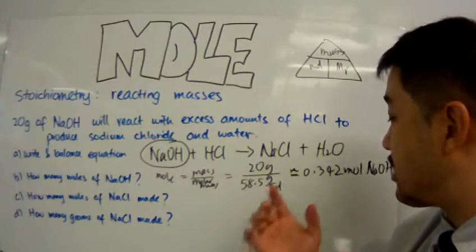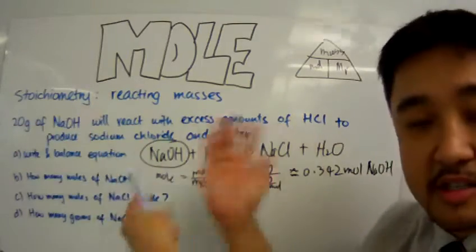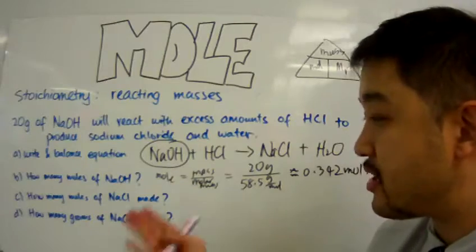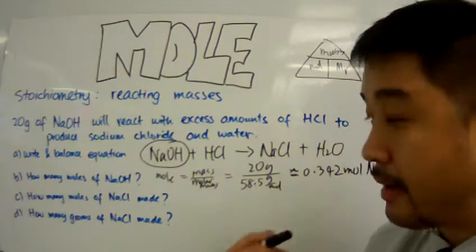So that is the amount of moles I have in this chemical reaction. What do we do with it? Let's see what the question asks. How many moles of sodium chloride did I make?